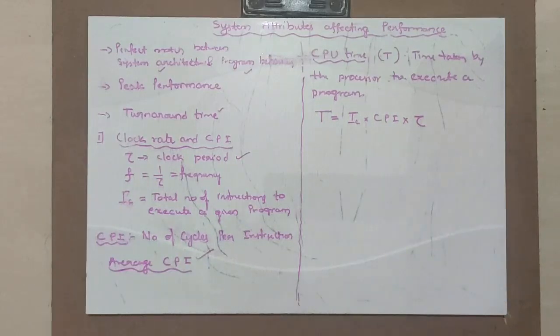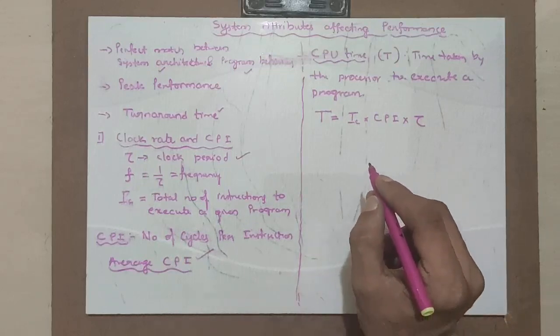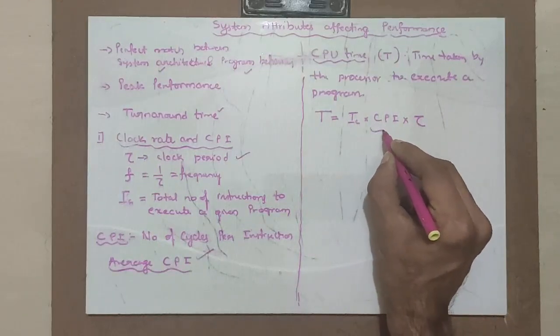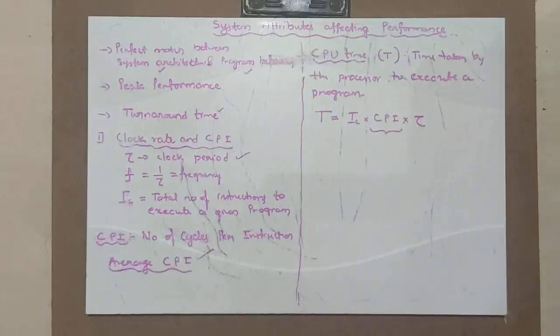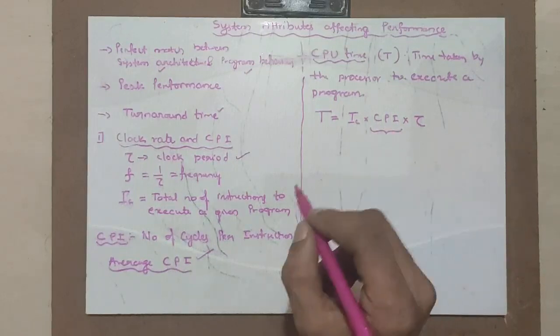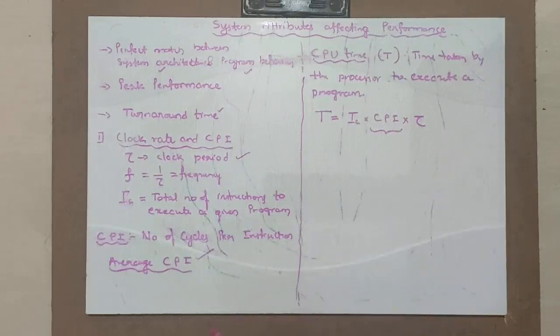This is the turnaround time, or actually the processor time. But please note that the cycles per instruction depends upon 2 things. There may be processor operation, there may be memory operation. Hence, cycles per instruction depends upon 2 factors, memory related as well as processor related.